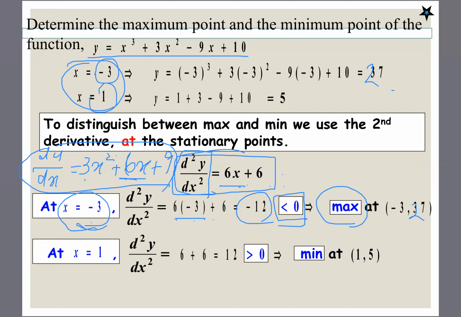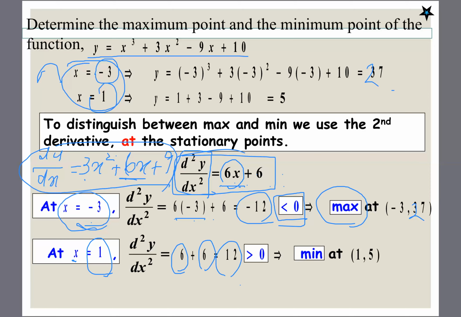Okay, so next we can check x equal to 1, because we already got this x value. When we apply it to the second derivative function, 6 multiplied by plus 1 is 6, and another 6 here, altogether 12.